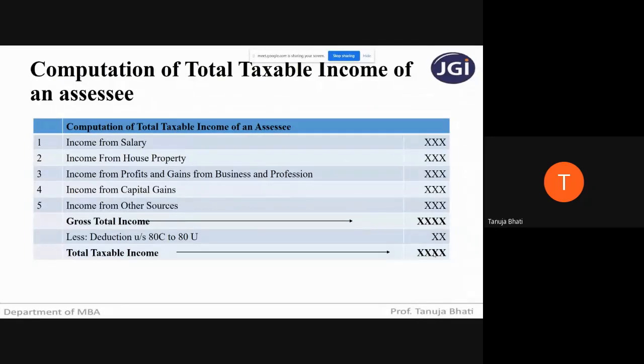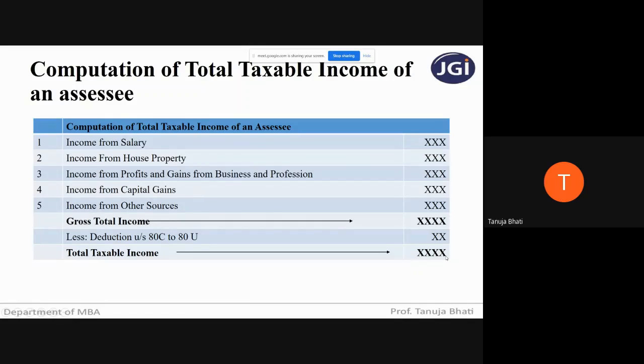So whenever you are supposed to calculate the tax liability of an individual, take the income from all the 5 heads of income of that particular individual, arrive at the gross total income, deduct the deductions, and then you get total taxable income on which you have to compute the tax.